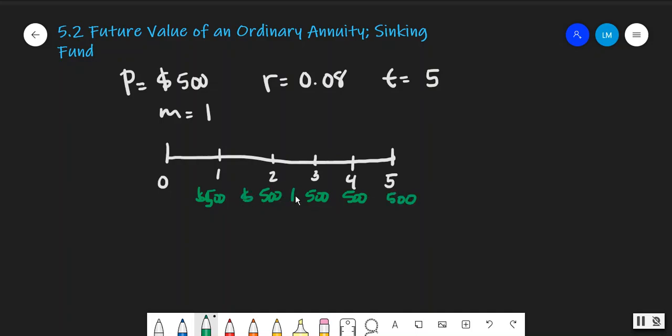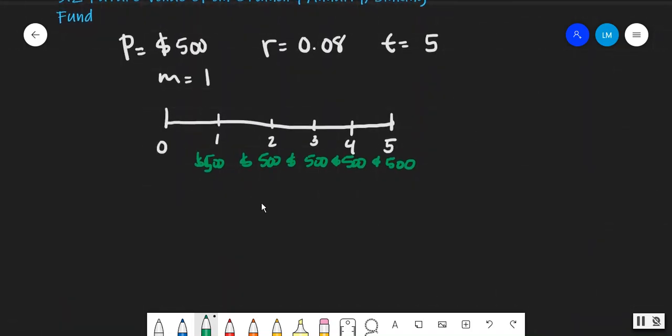What we do not technically know is how much interest is earned for each period. To find that, we think back to our equation for the future value. The future value is given by P times 1 plus R over M raised to the MT.